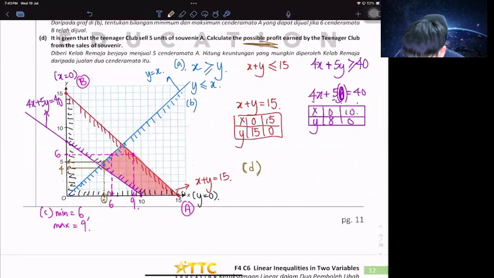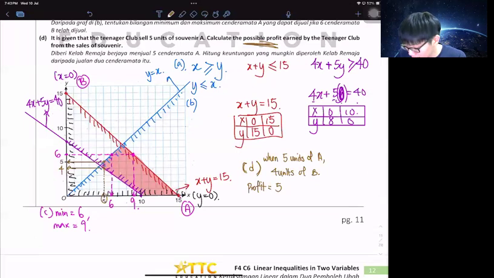If I do it in the exam, maybe: when 5 units of A, comma, 4 units of B, the calculation goes like this. The profit would be 5A, and each A will earn 4 ringgit, so 5 times 4, plus 4 units of B, and each B will earn 5 ringgit.